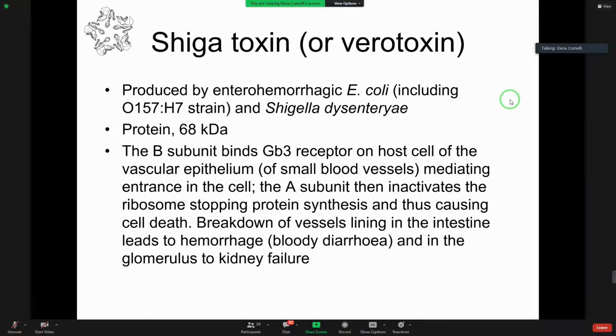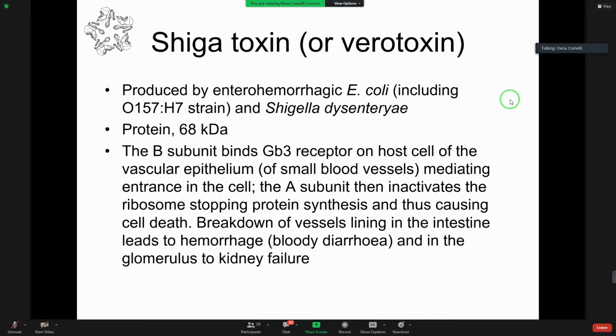So the small blood vessels, which are found in the intestine, they are found in the lungs, and they are found in the glomerulus in the kidney. So by binding to this receptor, the B subunit mediates the entrance into the cell. Once it's inside the cell, the A subunit inactivates the ribosomes and stops protein synthesis.